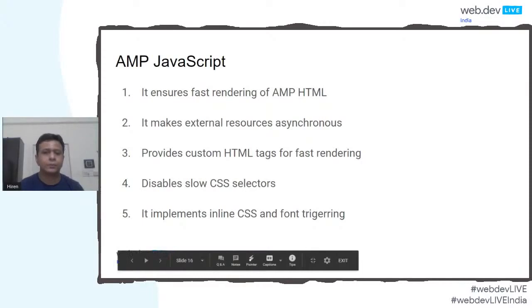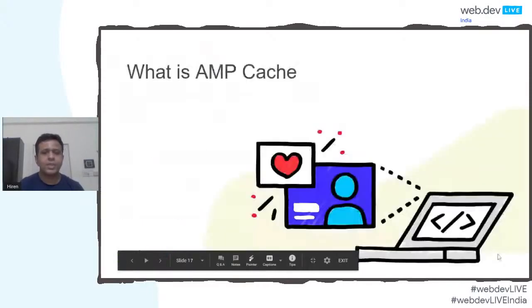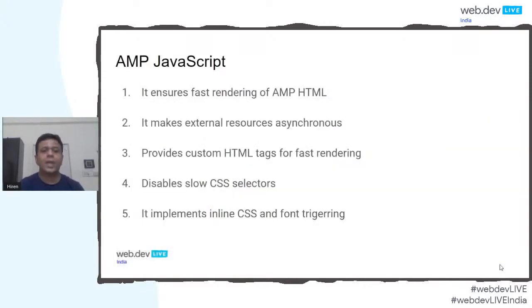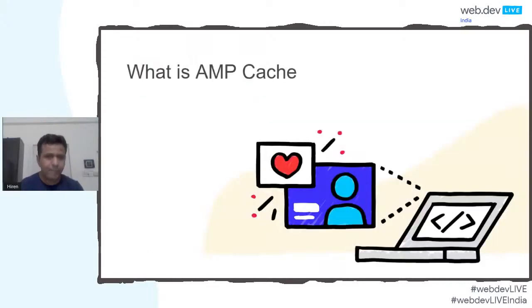So what AMP ensures is that it restricts your layout and provides rendering in such a way that your layout changes are not frequent, and that way your application performs well. So this is all about AMP JavaScript.